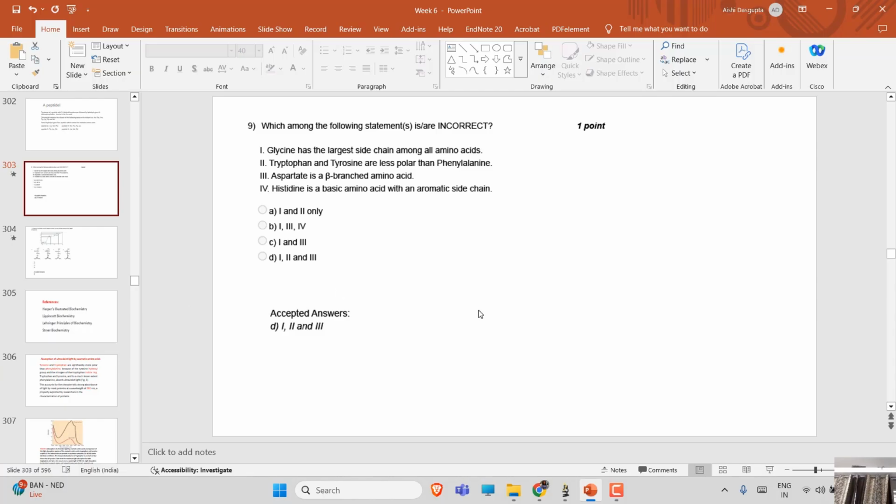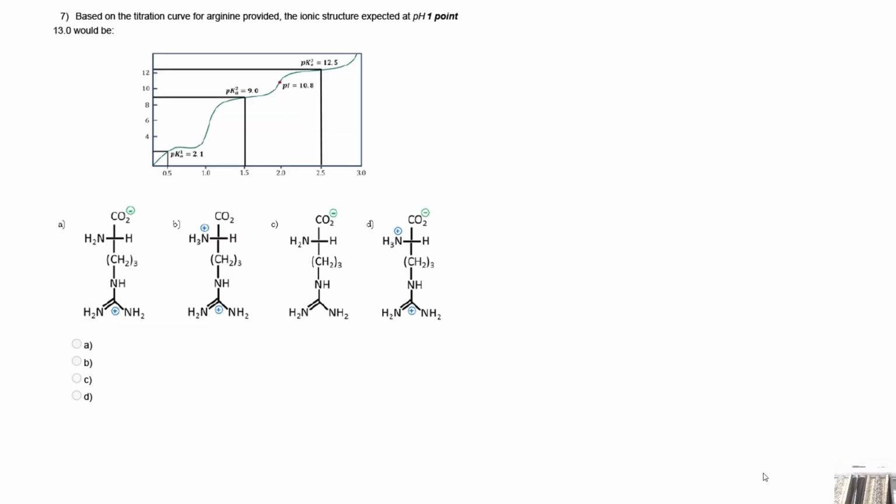Okay. So the first question for today is this. You can see, based on the titration curve for arginine provided, the ionic structure expected at pH 13 would be what?